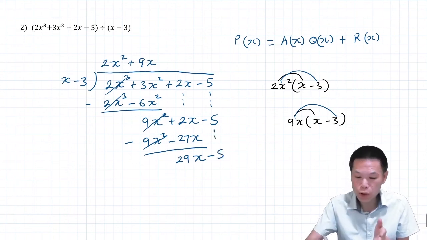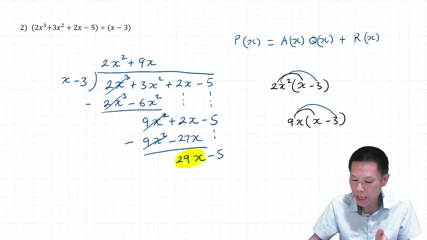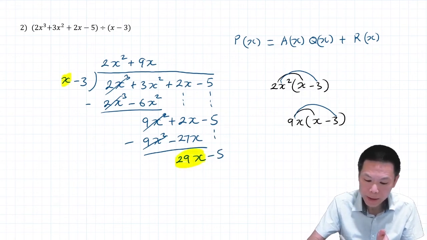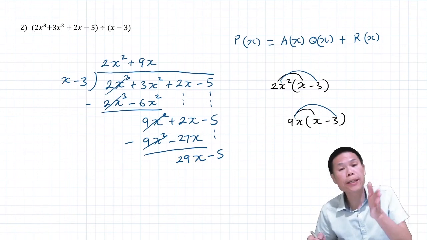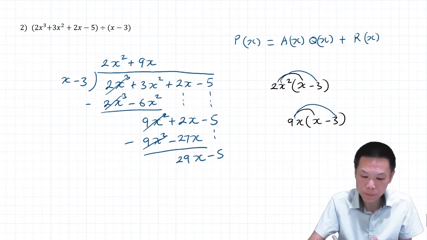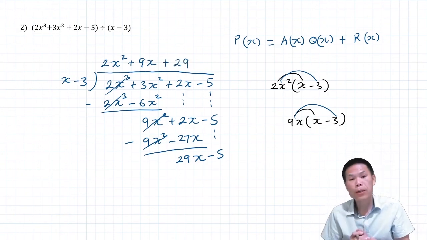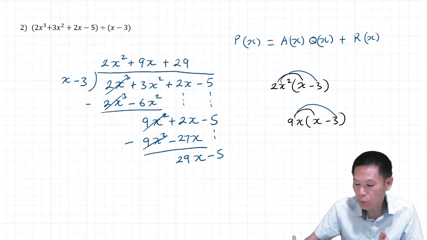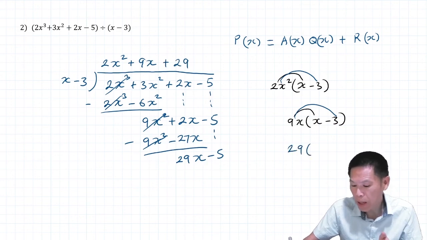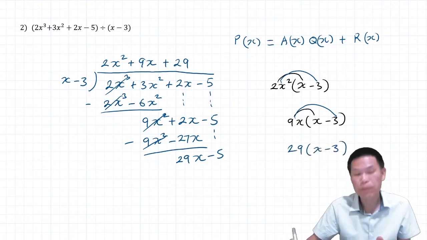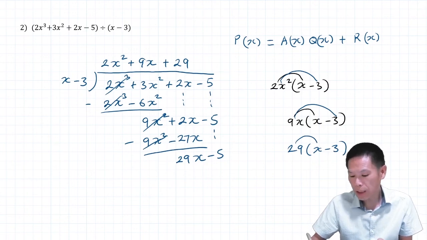Then we just focus on 29x divided by x. So 29x divided by x is 29. So write plus 29. And then we just go 29 times x minus 3. So 29 times x is 29x.